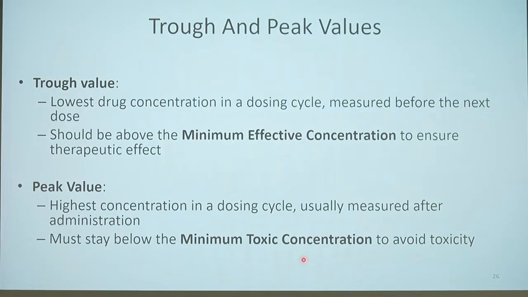So when we are measuring drugs for therapeutic drug monitoring, we are trying to detect these levels. So almost all drugs that are therapeutically monitored are measured after the drug has reached steady state.